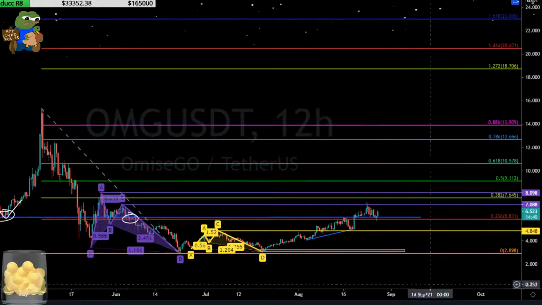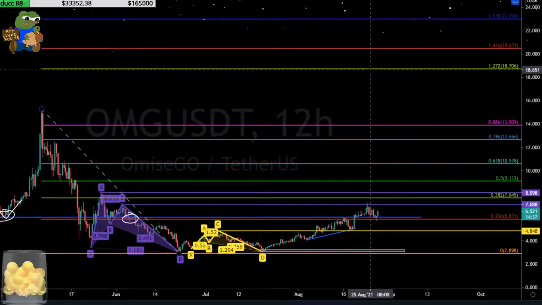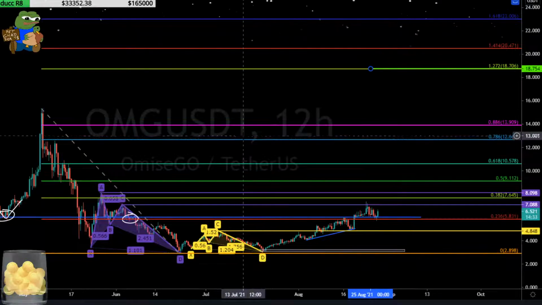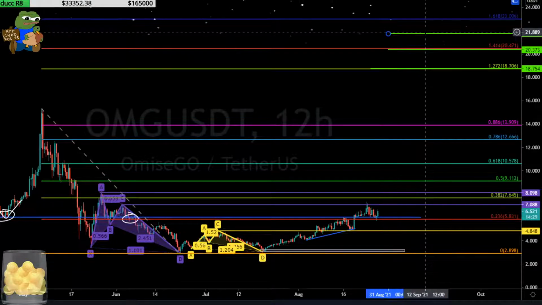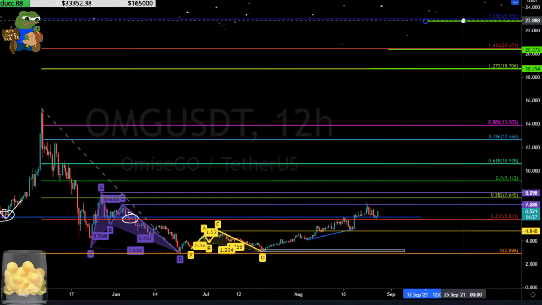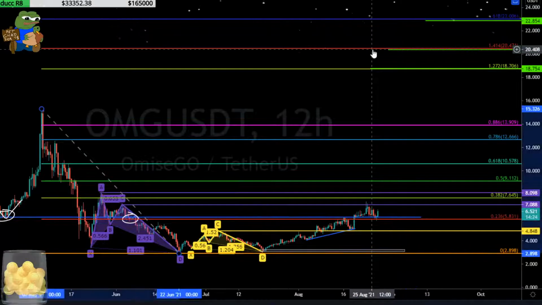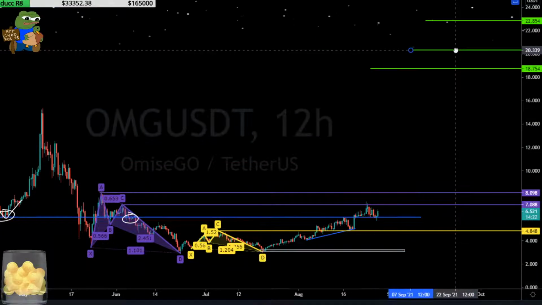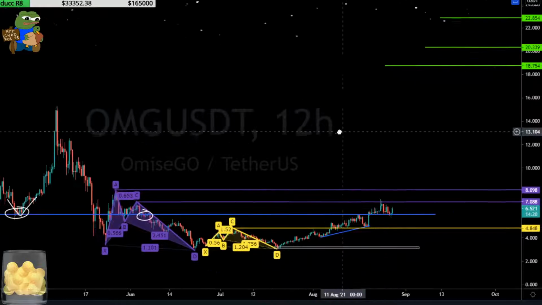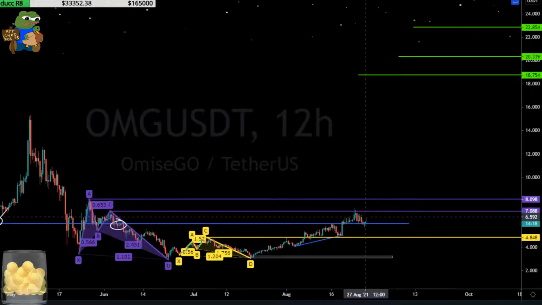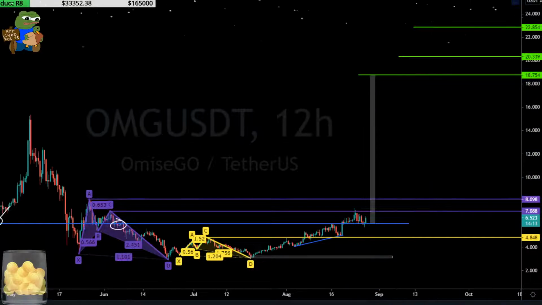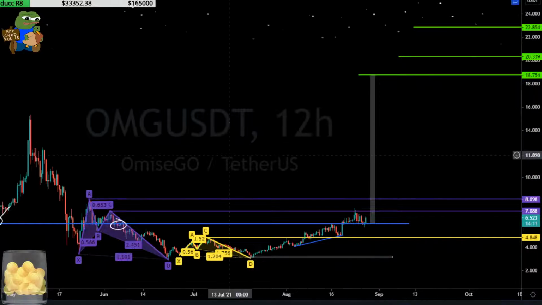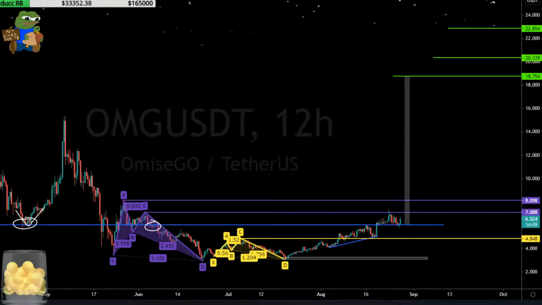And we were just looking up here, 1.272 at 18. We then got the 1.414 at $20, a psychological number, and then we got the 1.618 up at 23. So these are our overhead targets that we are kind of looking at. Hence the massive candle when we first open the screen. That's where it all comes back from.